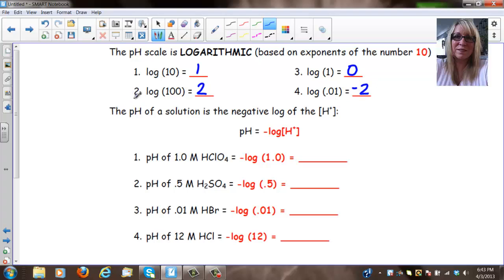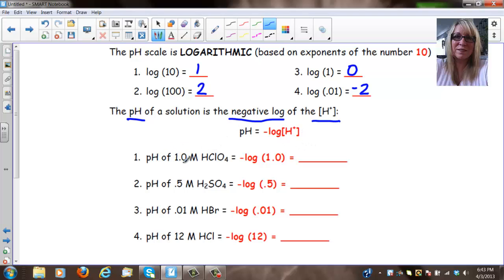Now, I can find the pH of a solution by taking the negative log of the hydrogen concentration. So on my calculator, I would just do negative log, and I would take the H concentration and hit enter.